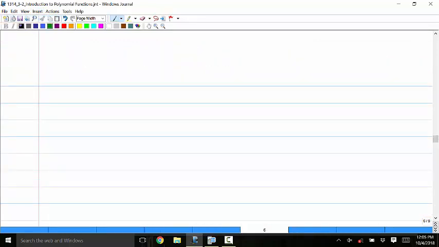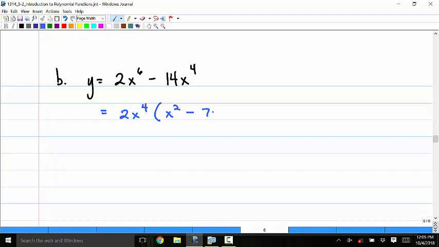Okay, so this is B. It was 2x to the 6th minus 14x to the 4th. Is that right? Okay, if I were to factor that, I could factor out a 2x to the 4th, correct? And I'd be left with x squared minus 7. You agree? Now, x squared minus 7 is a difference of two squares.